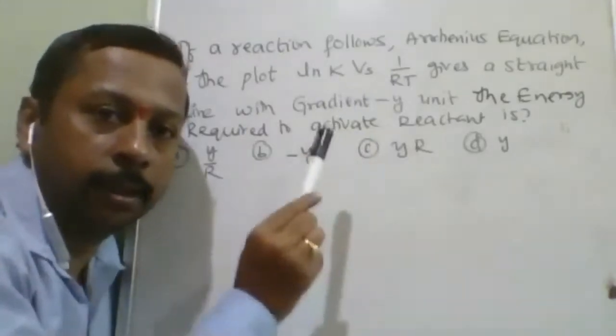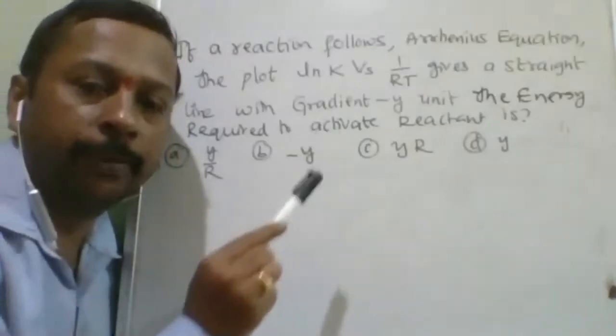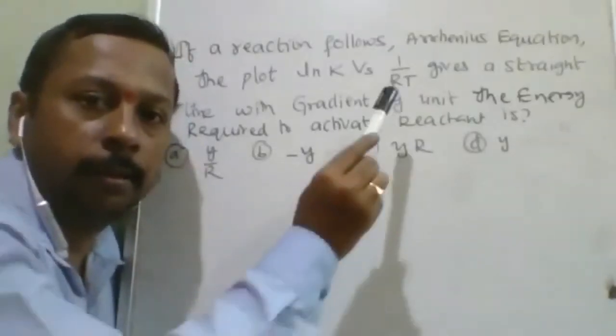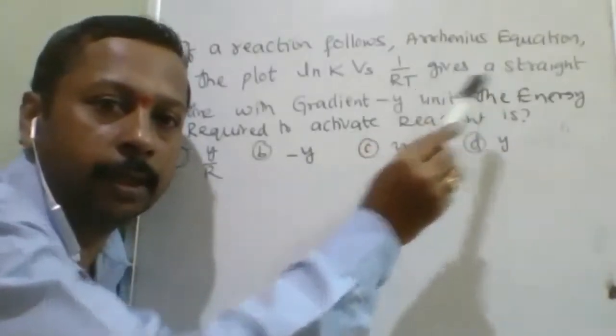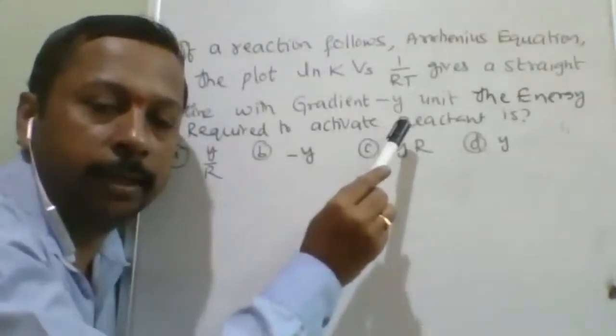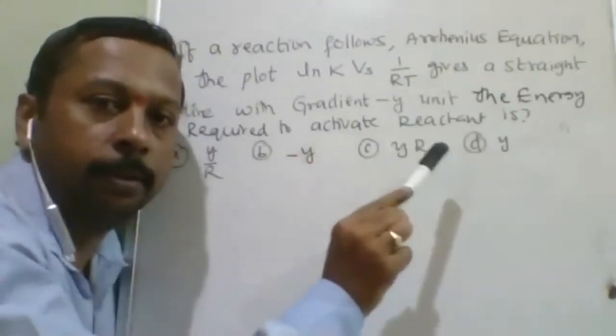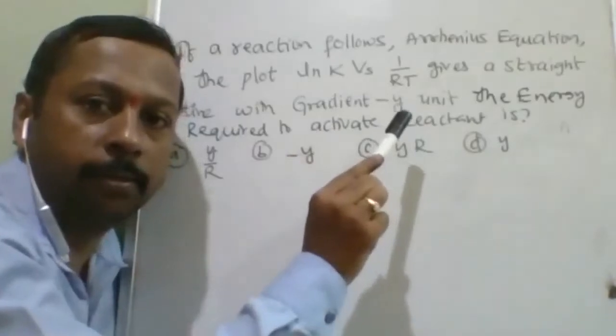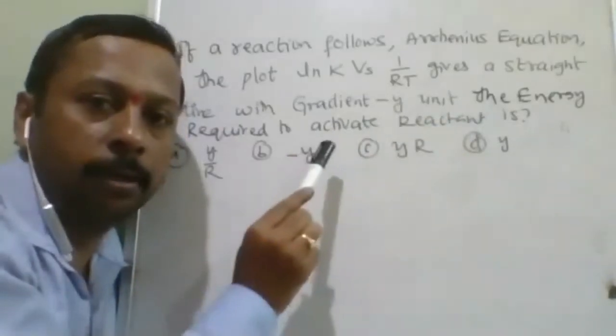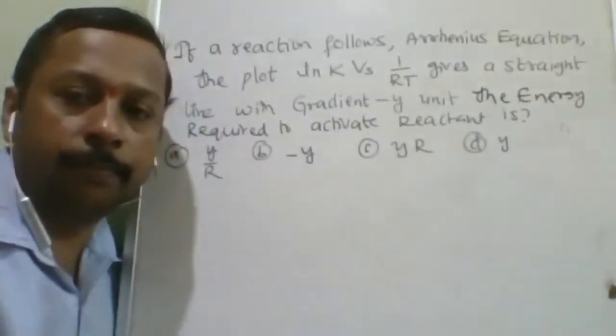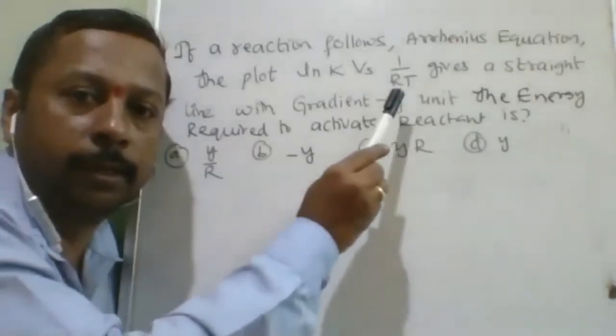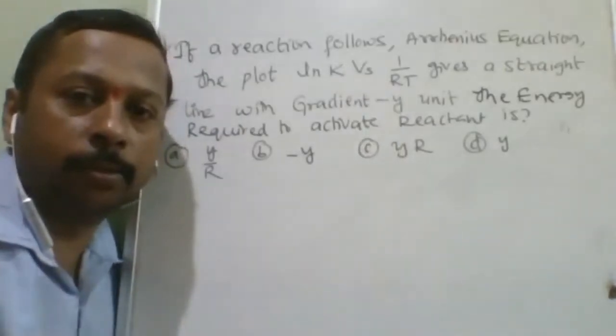In one of the questions given in this discussion, that was 1 by T. A graph of ln k versus 1 by RT gives a straight line with gradient of minus y unit, that means slope is minus y unit, the energy required to activate the reactant. So don't neglect this R, my dears.